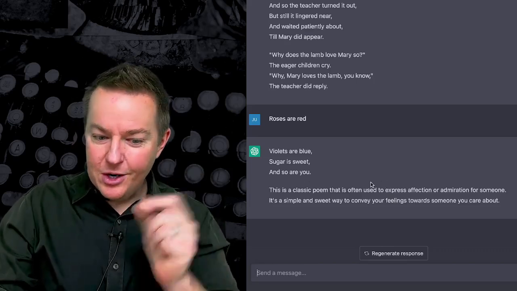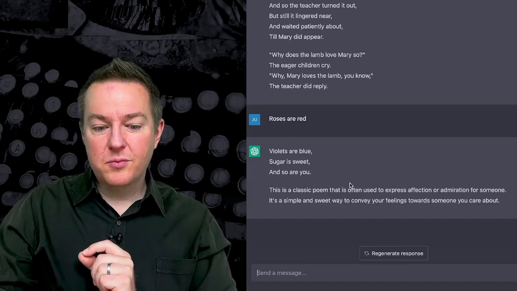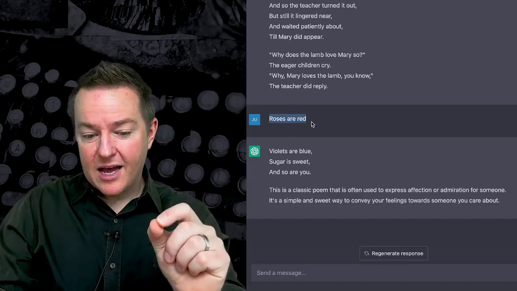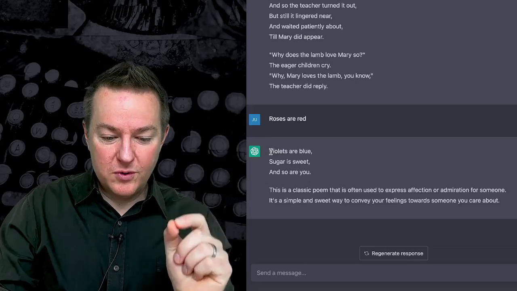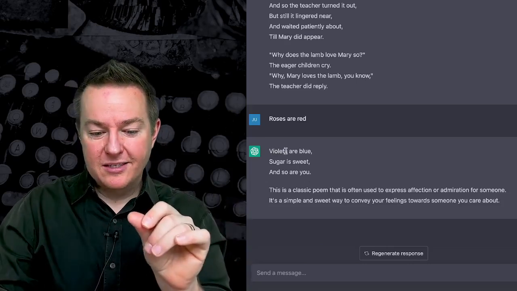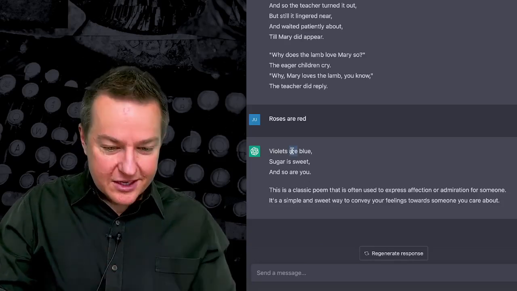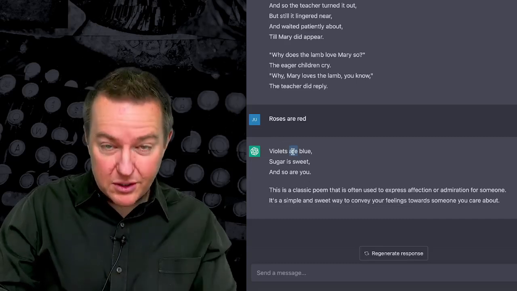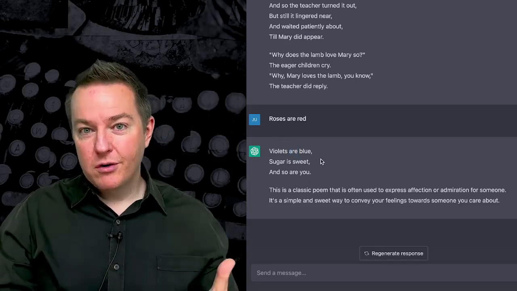But the key thing to note is it's doing next word prediction. I said roses are red, and it's picking up where I stopped and predicting the next word, which is violets. It's then adding that in, and it's saying roses are red, violets, and it's predicting are. It's then adding that in, and it says roses are red, violets are, and it's predicting blue. And it's doing this over and over.